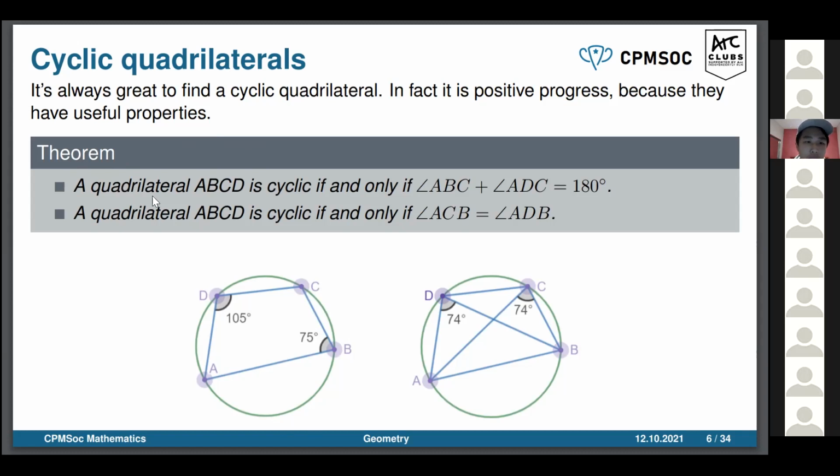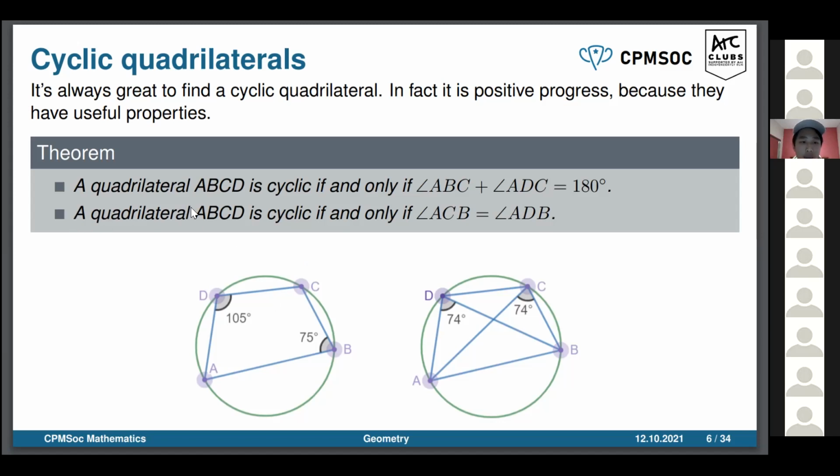The first theorem is that a quadrilateral ABCD is cyclic if and only if angle ABC plus angle ADC is 180 degrees, which you can see in the left picture. So the opposite angles of a cyclic quadrilateral add up to 180. That's a very useful property that you should use in your solutions.